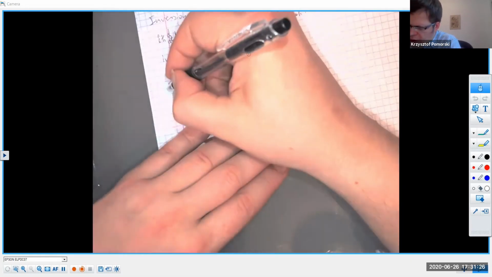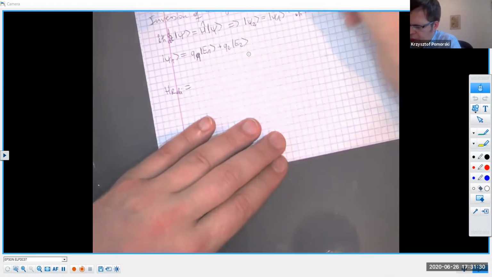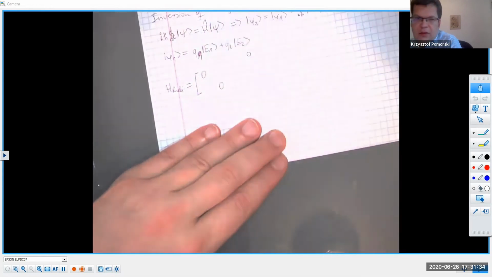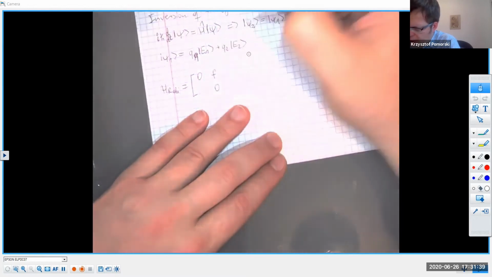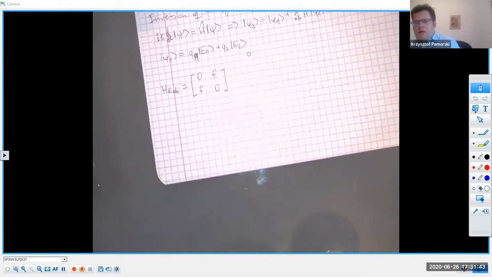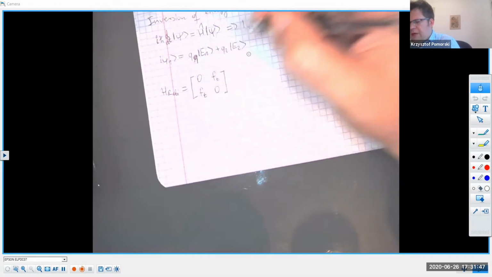In terms of matrices, it's nothing else than 0, 0 on the diagonal and f on the anti-diagonal. Well, this is f of t, right?